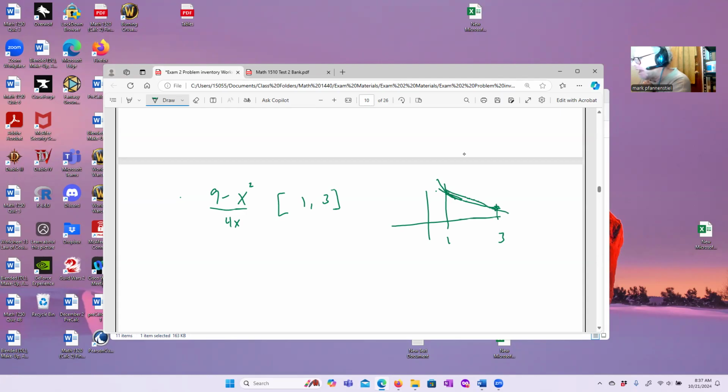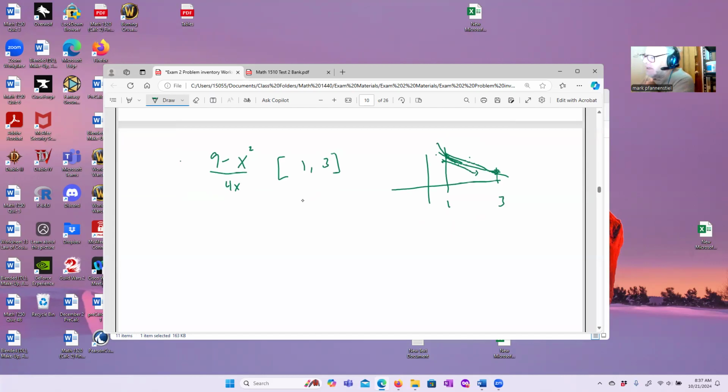Somewhere along the line, there's going to be a C, so that at some point the derivative of this function has the same slope as the whole interval's slope. Okay, so that's how you think about this problem. So the first thing we've got to figure out is what's the overall slope between 1 and 3? So let's go ahead and set that up.